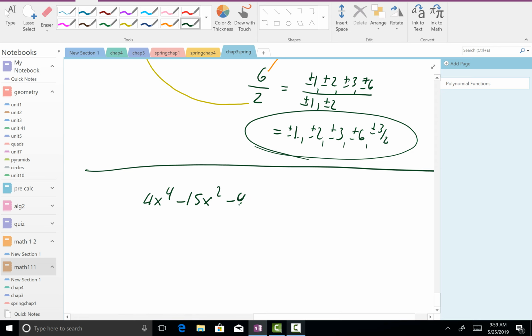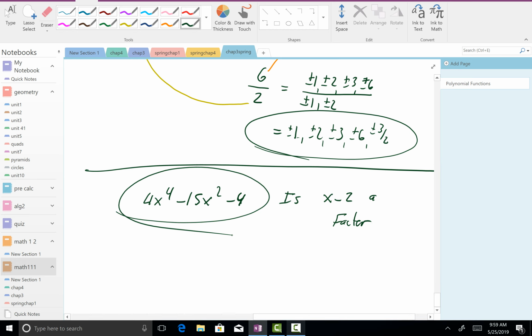How would you be able to tell? What should we do with this? Graph it. So go ahead and graph it. Put it in decimals, graph it. Let me know if x minus 2 is a factor. What are you going to look for?